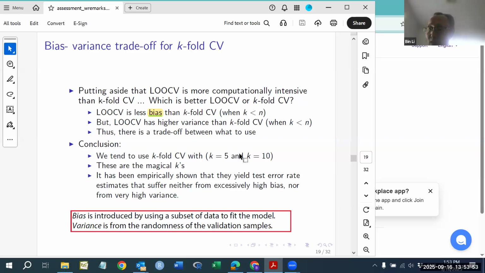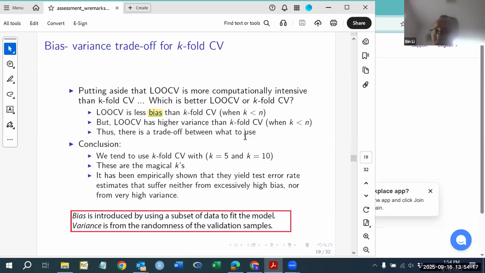People have already thought about that and run many trials on different data sets, simulations, whatever, and people find that when the k is between 5 and 10, so fivefold, sixfold, sevenfold, eightfold, ninefold, tenfold, these are great numbers. These are the magic numbers.